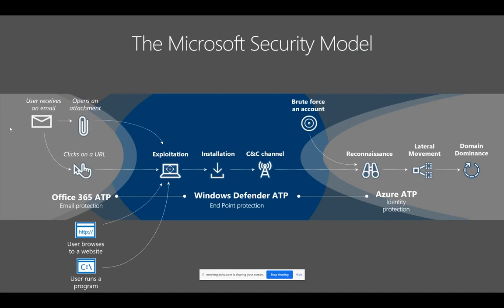So inside your Enterprise Mobility and Security, you have one suite for device and application management, which has two categories: mobile device management and mobile application management. And you have a completely other suite, called the Advanced Threat Protection suite, which has three products: Office 365 ATP, Windows Defender ATP, and Azure ATP.